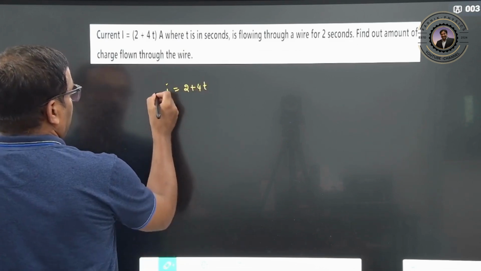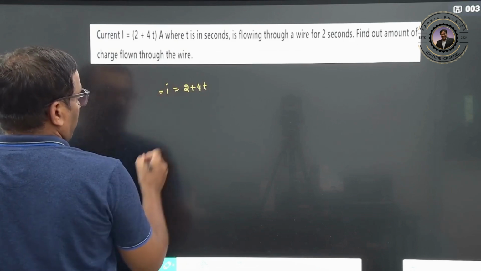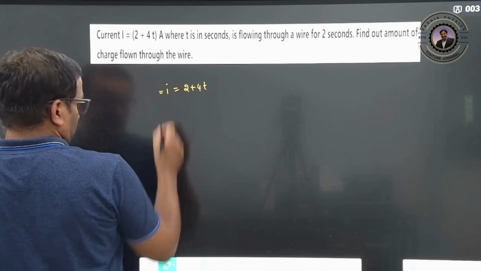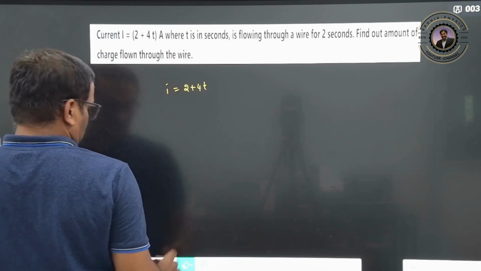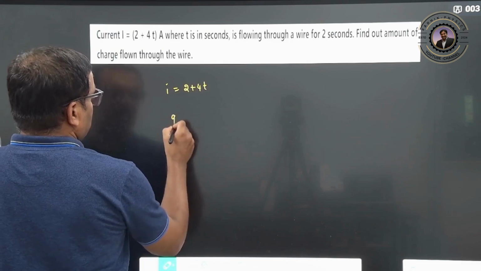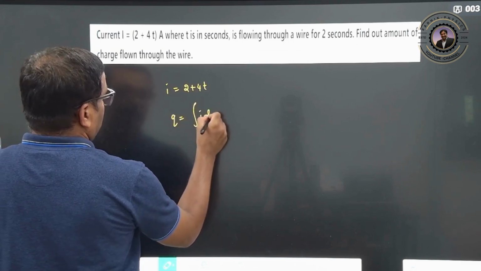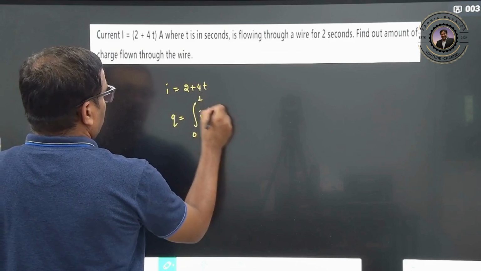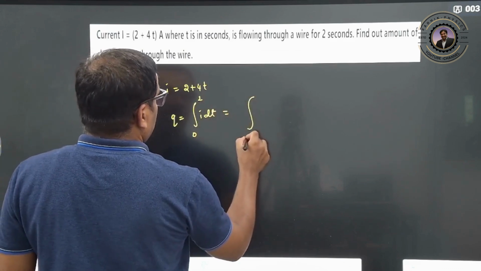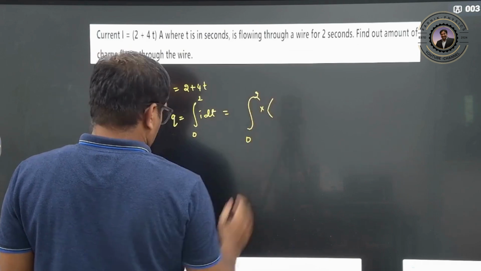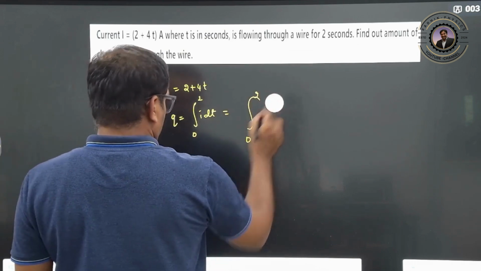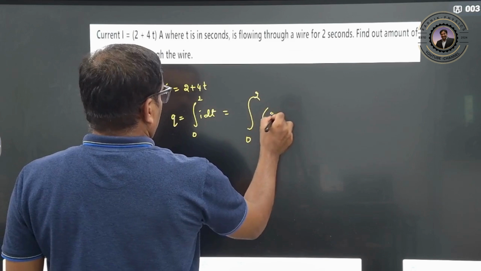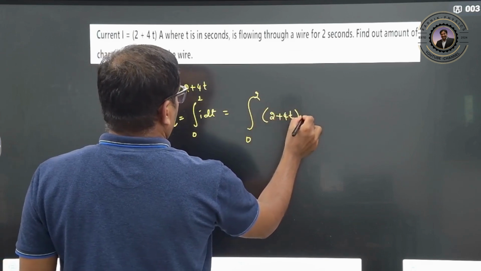We want to calculate the charge now. The charge is equal to the integral of I dt, from 0 to 2, where the current is 2 plus 4t, into dt.